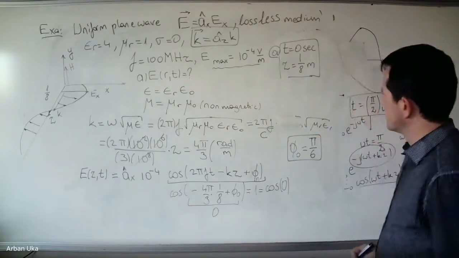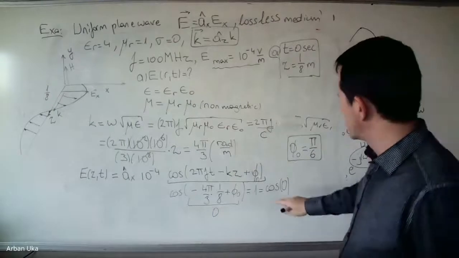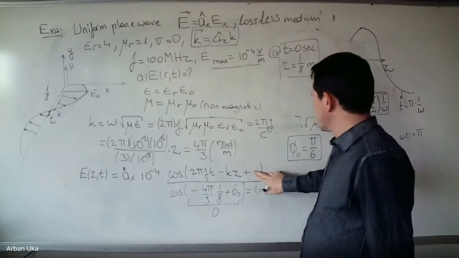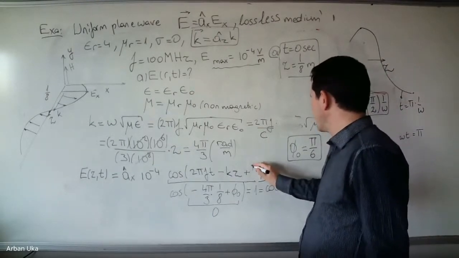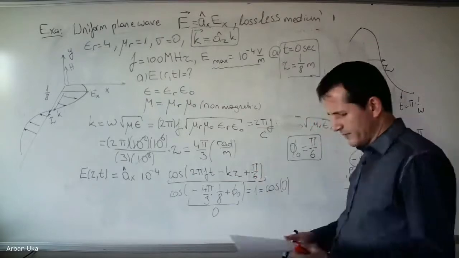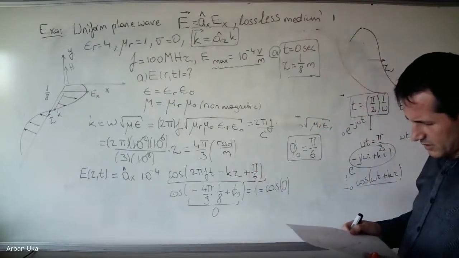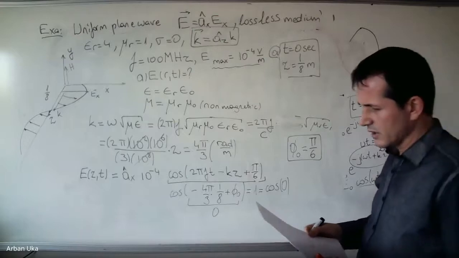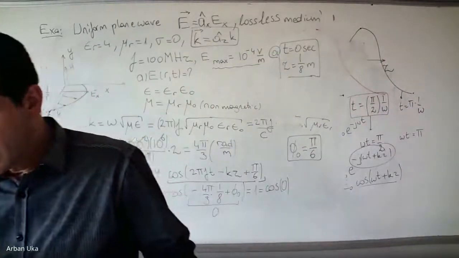Okay, so it looks like in this general expression, we just substitute this phase pi over 6, and now we are set, okay? So we found the complete solution, having the specific details.